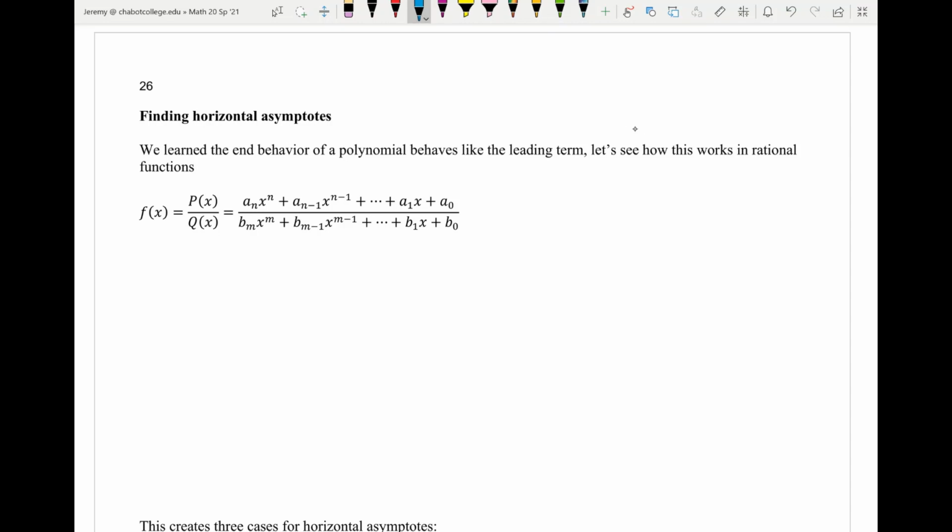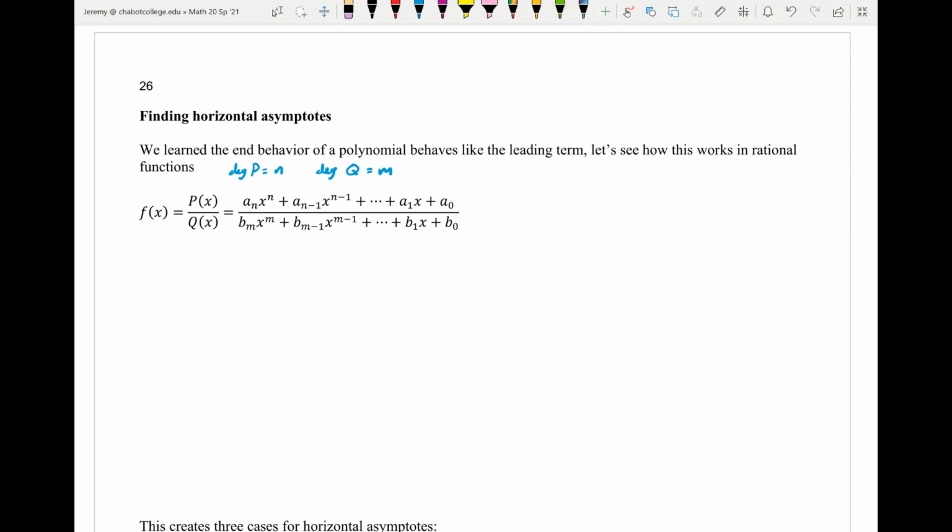Notice that the numerator has degree n, so the degree of p is equal to n, and the degree of q is equal to m. Notice these are not the same degree, and we're not specifying whether they're equal or which one is bigger. We're going to come up with general rules for each of the cases that arise.